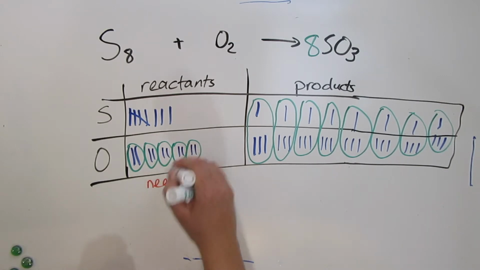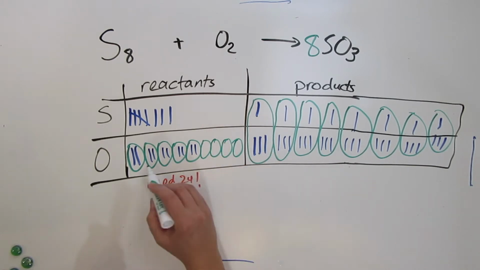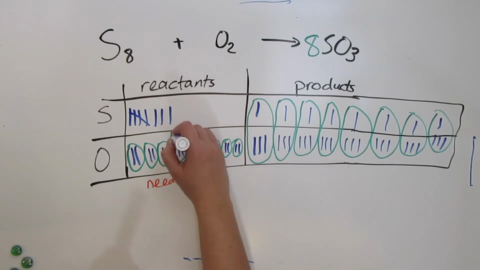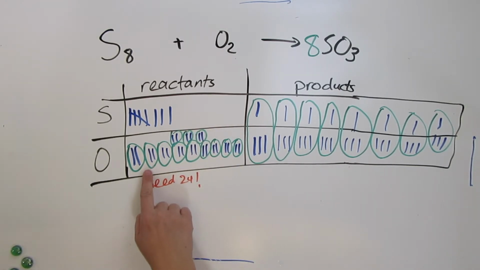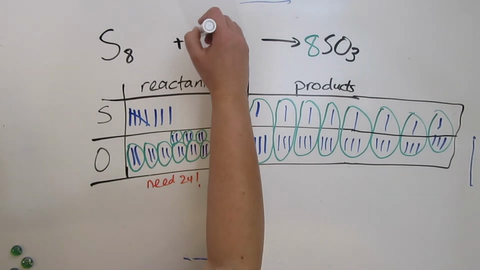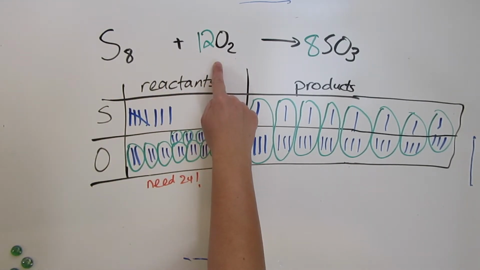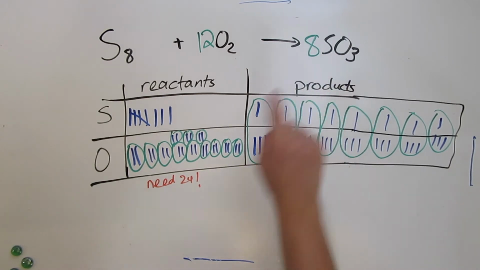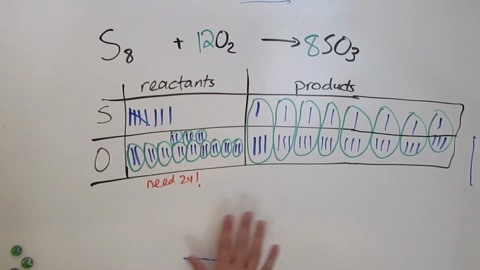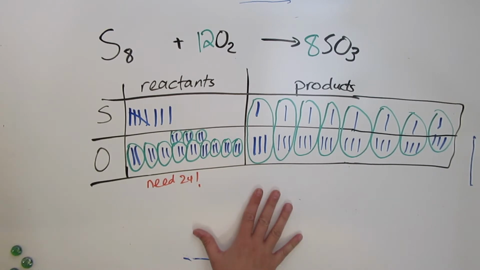You can do this the long way if you want, but essentially, since each of these contains 2 and you need 24, you're going to need 24 divided by 2, 12 oxygen molecules. So 1 S8 molecule plus 12 oxygen gas gives us 8 molecules of sulfur trioxide. And that is exactly what we got when we were using the glass beads to figure out how to balance this equation. So I hope that gives you an idea of how to do this.